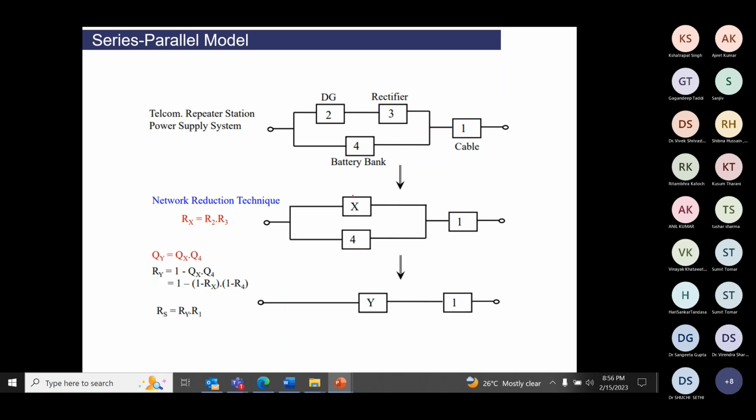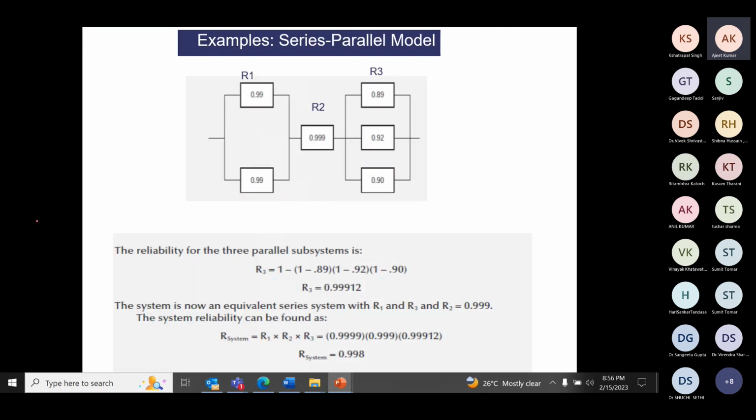We make it like this, Y. Y means this parallel. Now it becomes series. This way we can solve a whole complex system. We can decompose the whole system into small pieces, find the reliability of every piece, and find the whole system reliability.